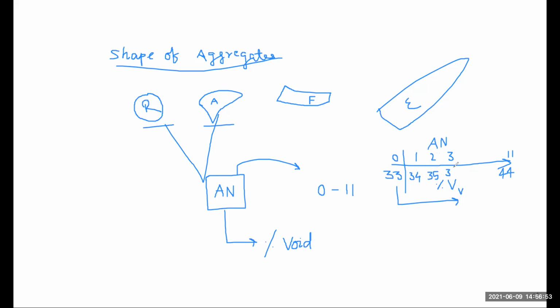So if you have to find the percentage volume of voids and you get an answer like 41, 42, 43, you just quote the shape of aggregate is angular and also percentage voids is equal to 43, 44%. From your answer you get, then you also report your angularity number as 10. Then if you get 42, you report it as 9 and so on. So I think everything is clear.